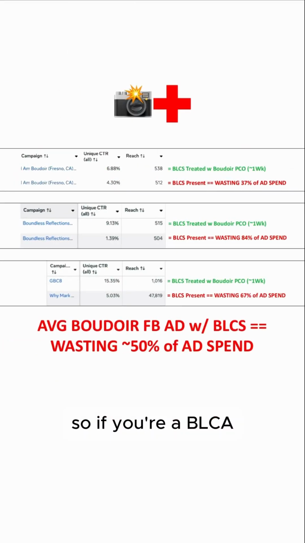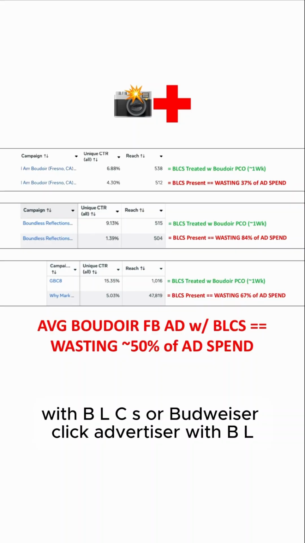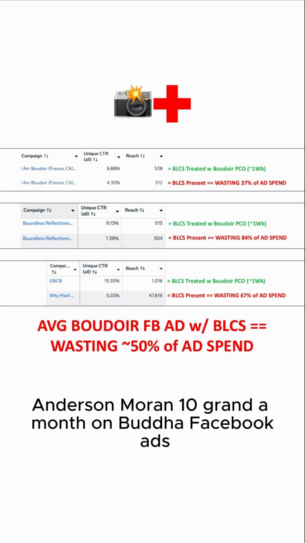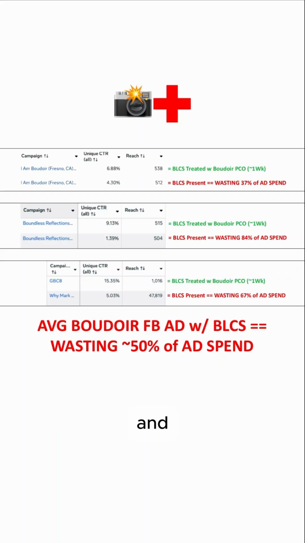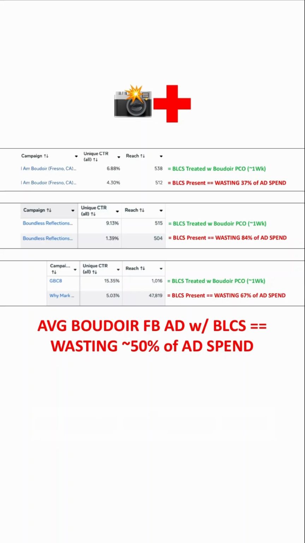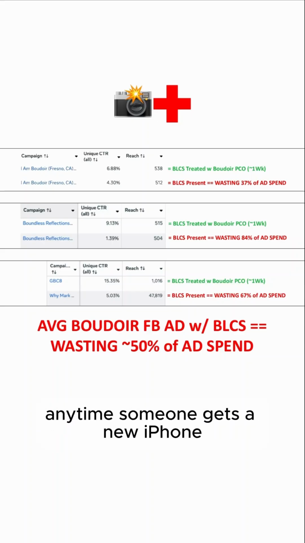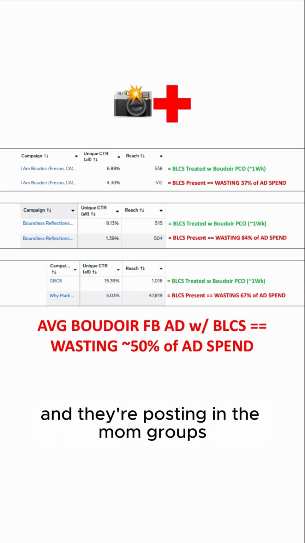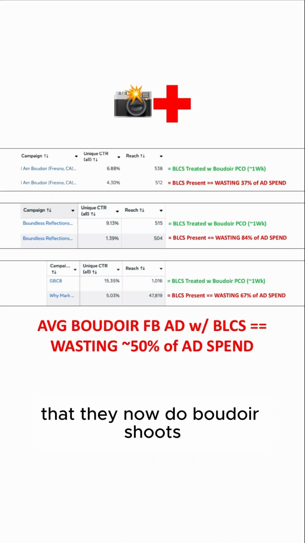So if you're a BLCA with BLCS, so Boudoir low click advertiser with BLCS, and you're spending more than 10 grand a month on Boudoir Facebook ads, and you're seeing the market get more saturated with more Boudoir photographers. So you're seeing, anytime someone gets a new iPhone, they're throwing out their Google My Business profile that they now do Boudoir, or they get a new camera and they're posting in the mom groups that they now do Boudoir shoots.